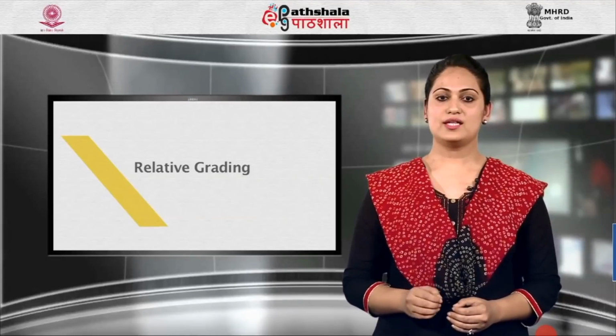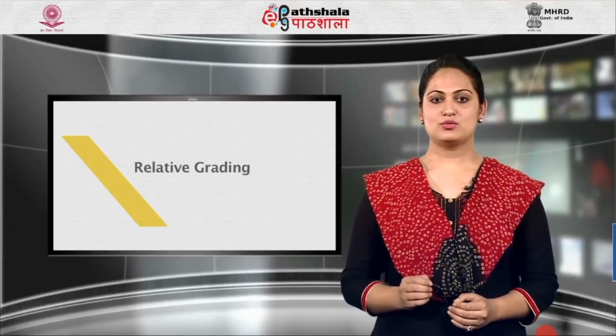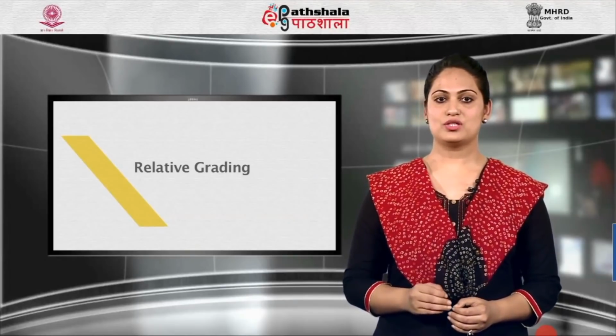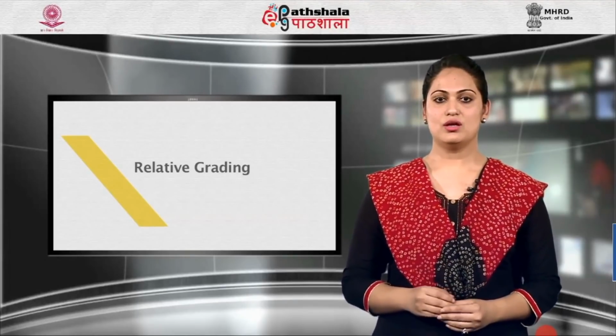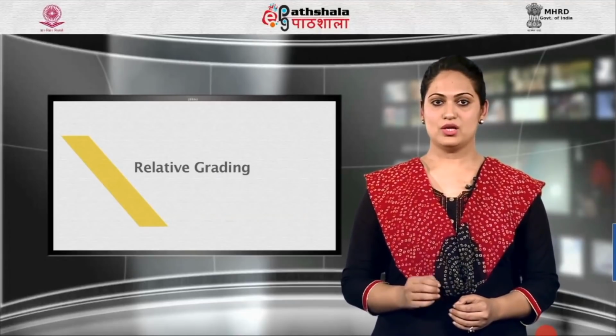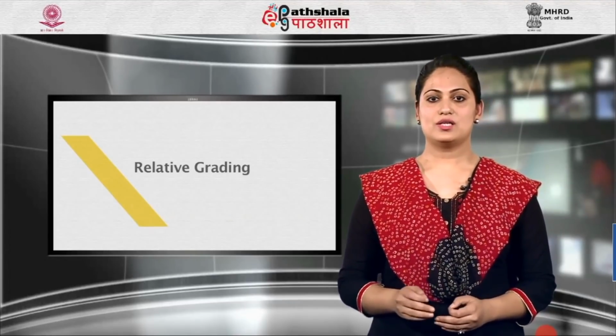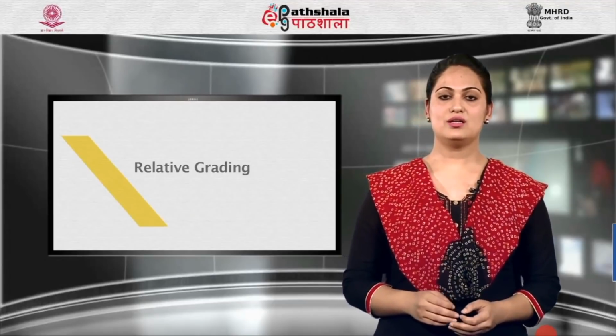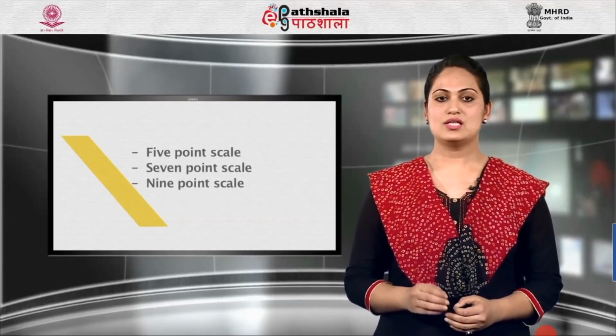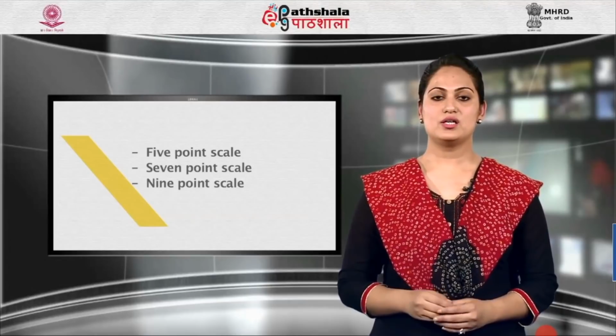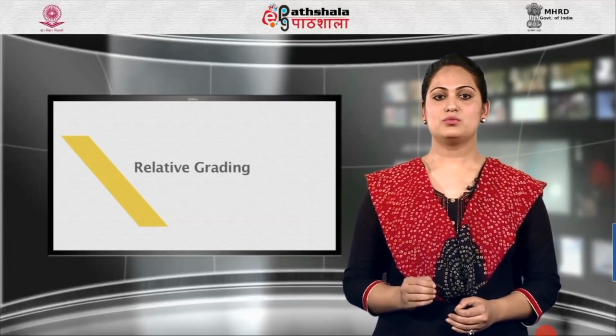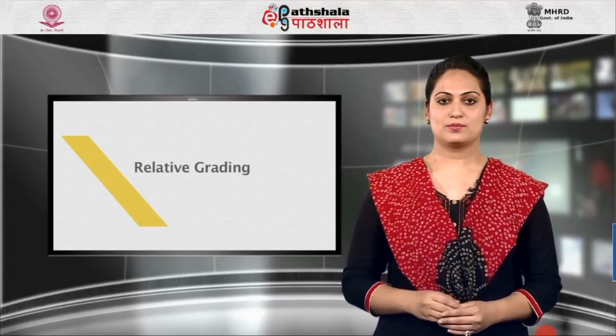So before assigning the grades, a division has to be made regarding the number of students to appear in the examination, and the question paper or items are to be put under various categories depending upon the range of the scale, whether it is a 5-point, 7-point or 9-point scale, so that learners are put into various grade categories.